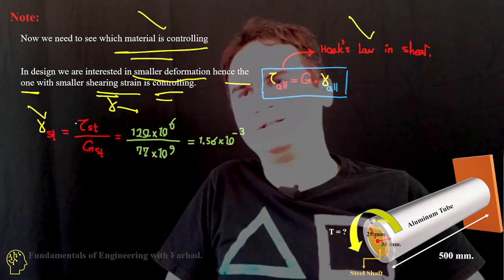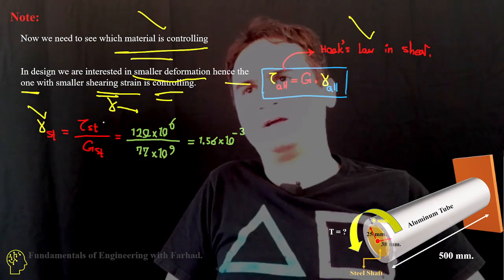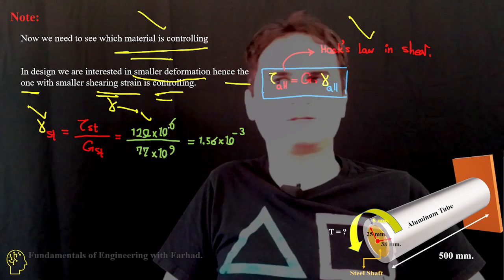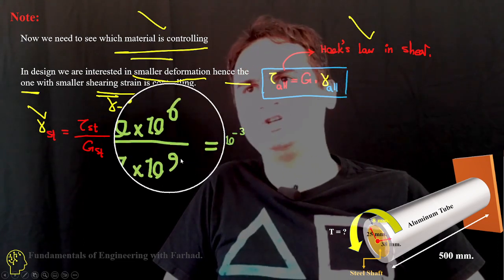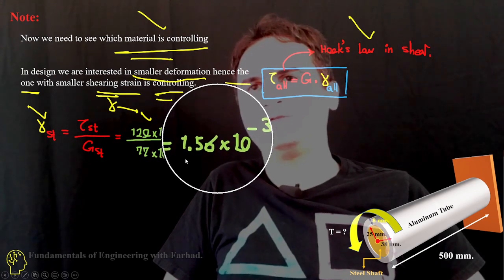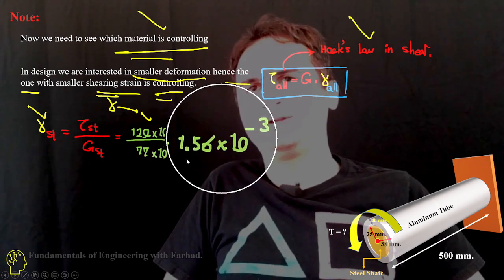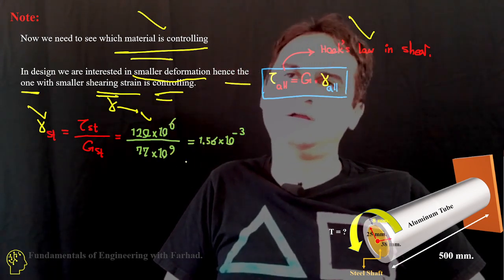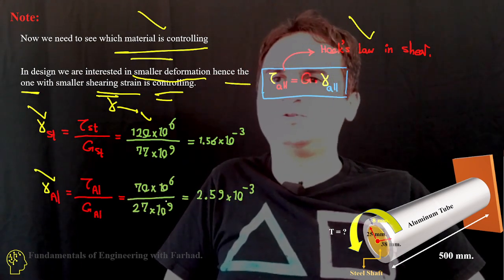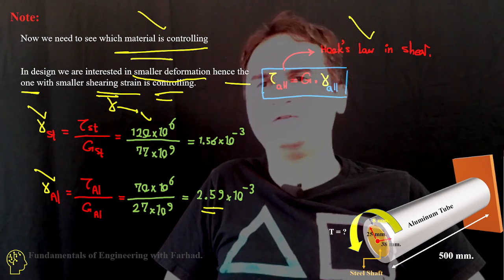Gamma for steel is tau allowable, 120 times 10 to the 6 from the problem statement, over G of steel, which is provided, and it gives us 1.6 times 10 to the negative 3. And gamma for aluminum gives you 59.